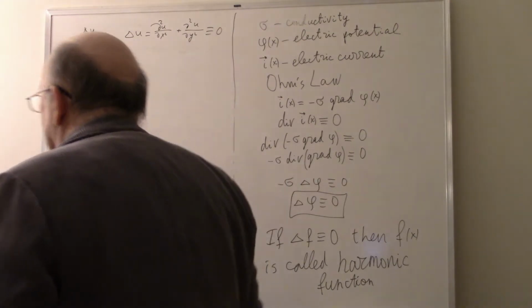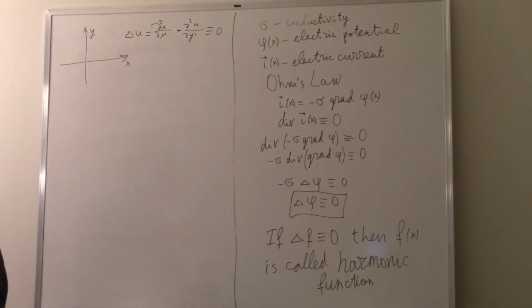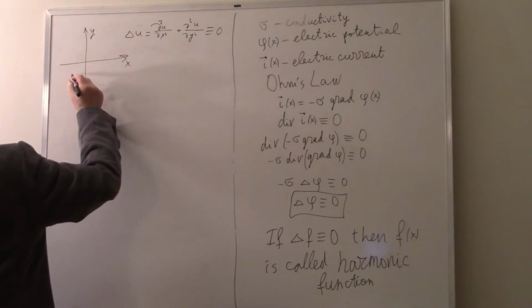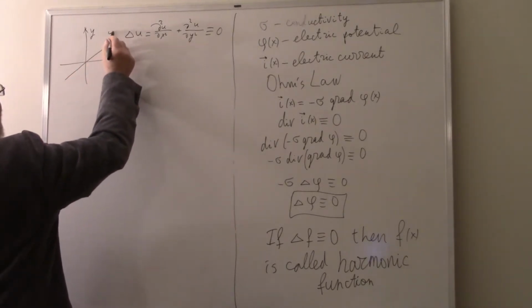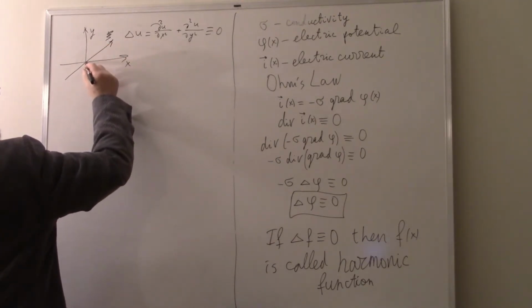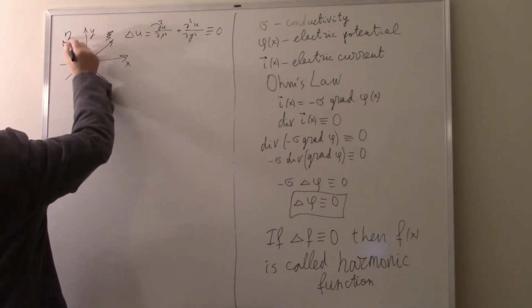And now let us use a different coordinate system, a coordinate system which is turned relative to this. Say we have this is psi, and this is eta.